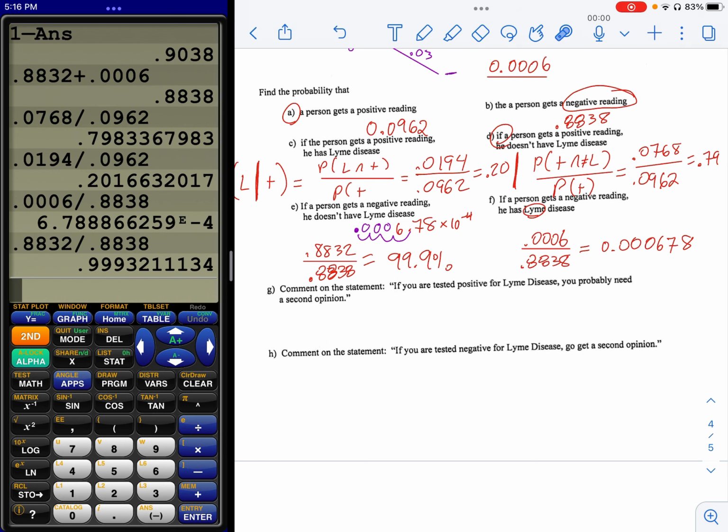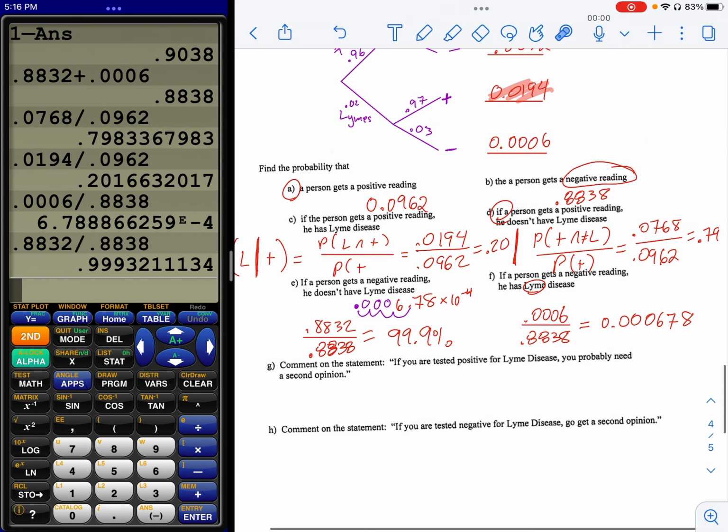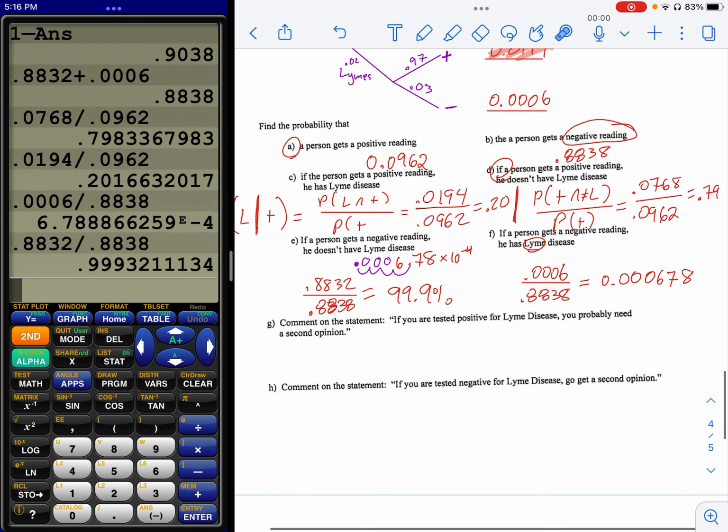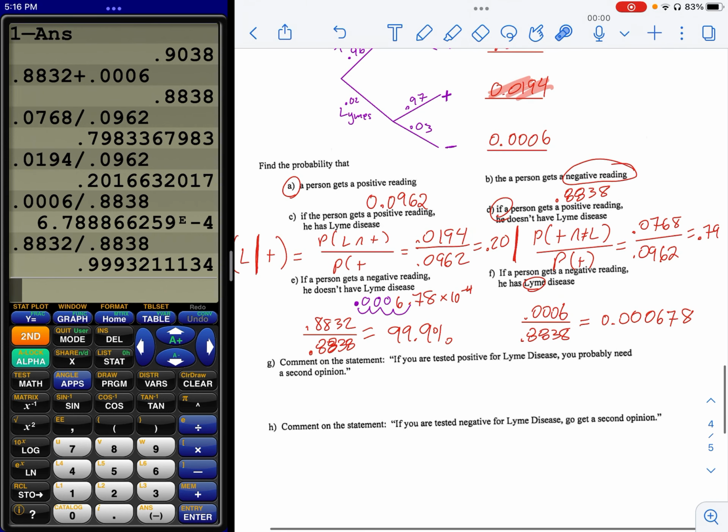It says here, if you tested positive and you have Lyme's disease, oh my gosh, I think these don't look right to me. Again, let me shore these up.